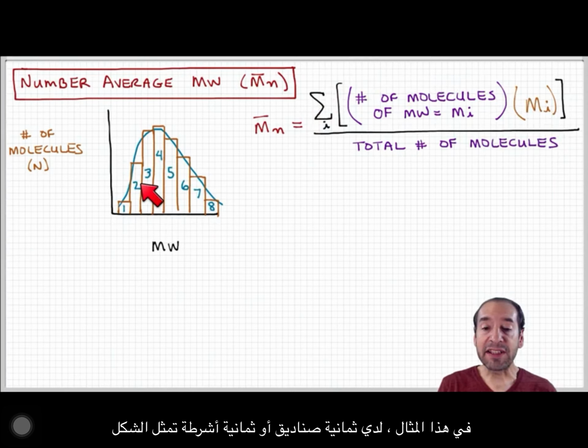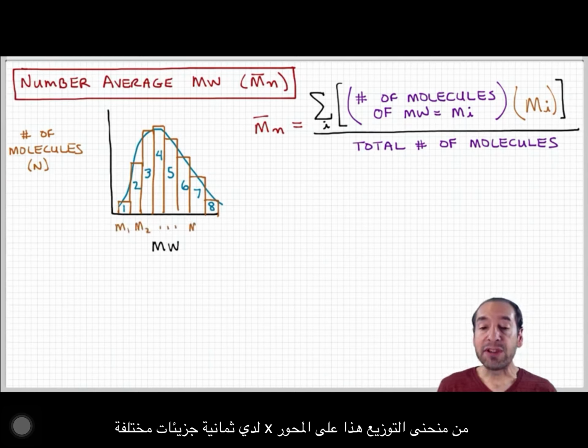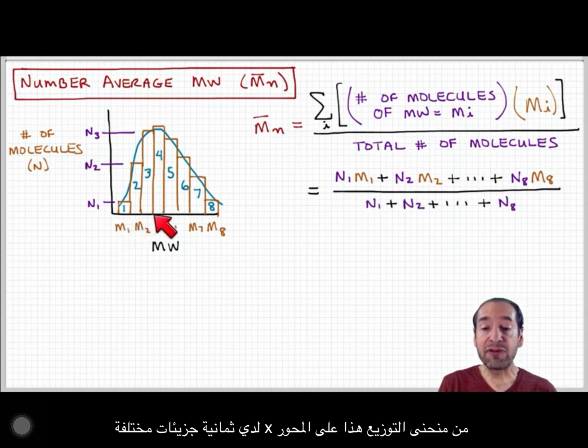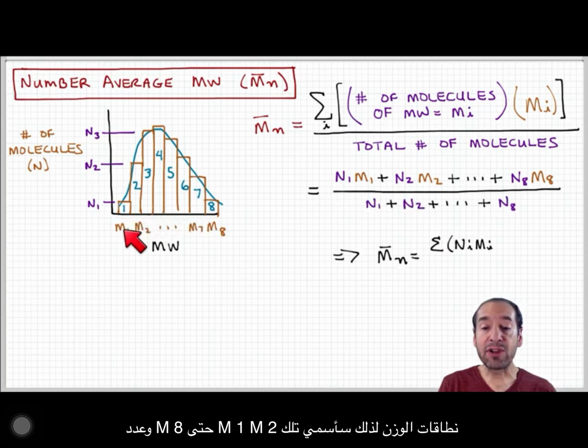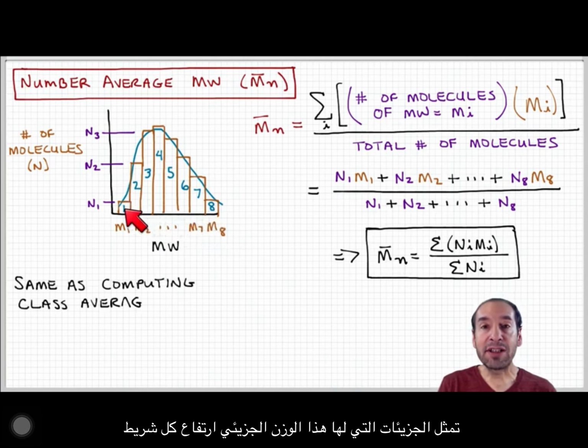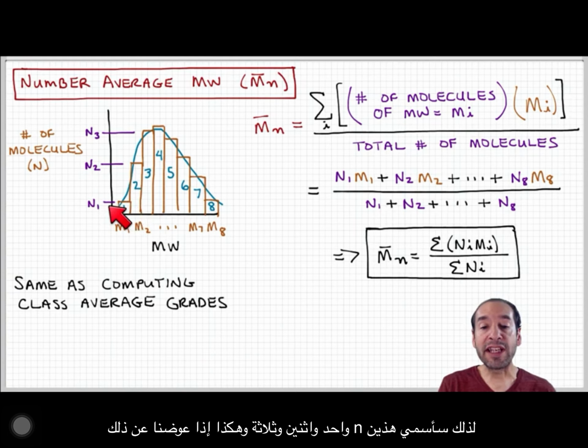So in this example, I have eight bins or eight bars that represent the shape of this distribution curve. On the x-axis, I have eight different molecular weight ranges, so I'm going to call those M1, M2, up to M8. And the number of molecules that have that molecular weight represents the height of each bar, so I'm going to call those N1, N2, N3, and so forth.